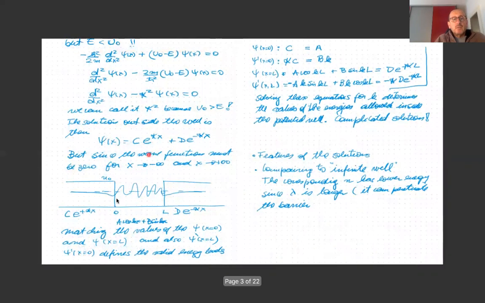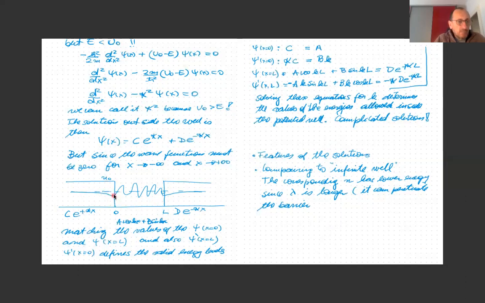And when we do that, we choose this shape of solution: something that is exponentially going to 0 in this direction, exponentially going to 0 in that direction, and in the middle oscillatory. When is it oscillatory? When it makes sense to define a kinetic energy. In this region, it doesn't make sense to define a kinetic energy.